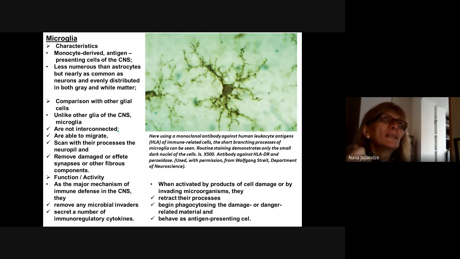They remove cellular debris, and this is very important in the case of injured brain or spinal cord tissue regeneration. This is a very important moment when the debris, the damaged cells and parts of cells, are removed from the tissue on time.